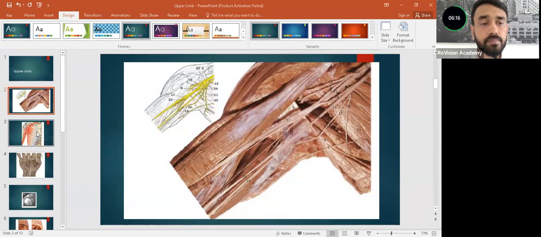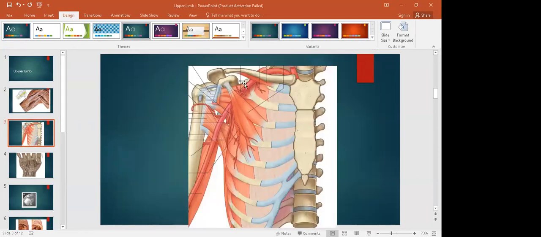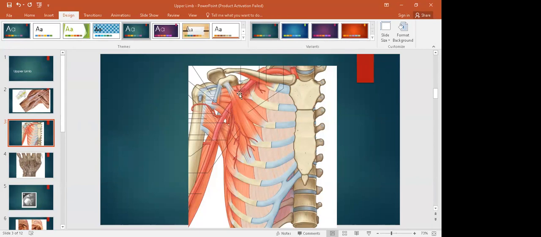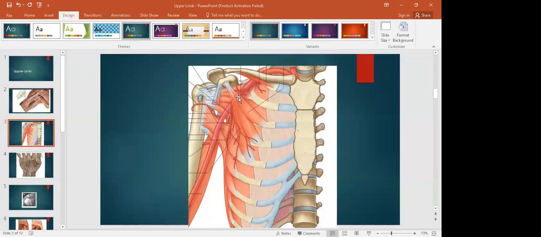So, can you see the picture? Yes. So, can you please tell me the name of this artery? This is the axillary artery. Okay, can you please tell me the branches of the axillary artery? Yes, the axillary artery has three parts. The first branch is the superior thoracic artery.